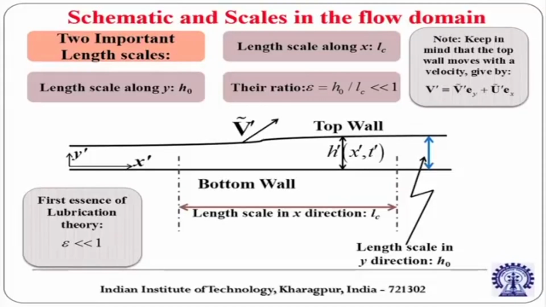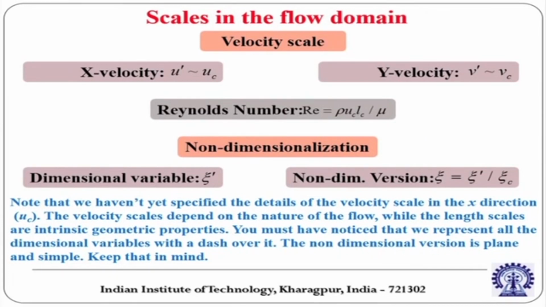If you look into the view graph, you have a narrow passage where the length scale along y is much smaller than the length scale along x. So, epsilon, which is the length scale along y by the length scale along x, is considered to be much less than 1.